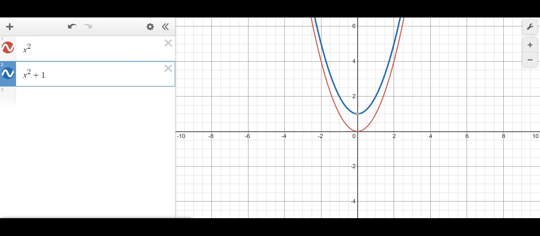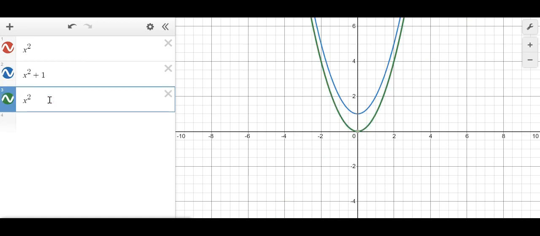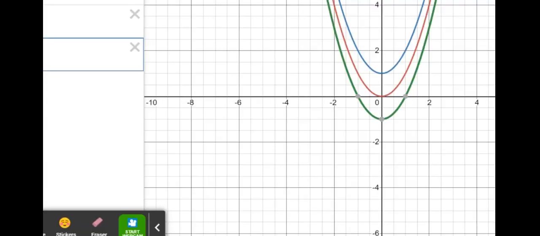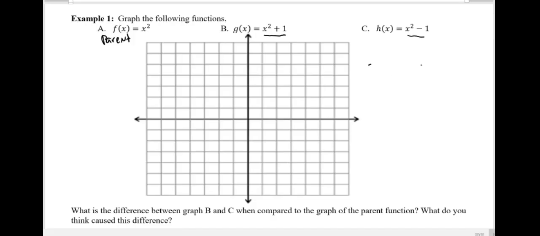Okay. So what do you think would happen if we subtract the 1? Now the graph in green still looks like the parent function, but now the graph shifted down 1 unit. So if we come back to the handout, I'm going to go ahead and graph the parent function.